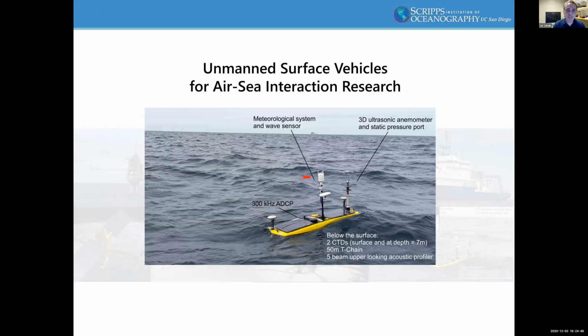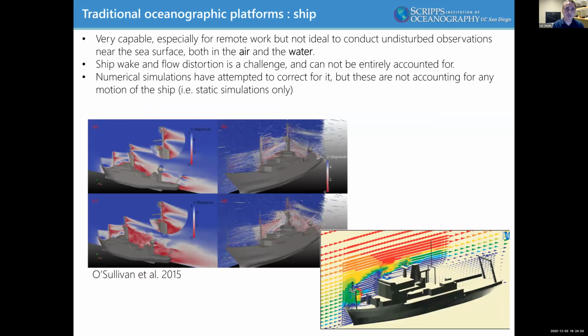So before I get into the platform here, again, I want to do a bit of background. Why do we bother with unmanned surface vehicles when you can just use a ship? Ships are very capable, especially for remote work, but they are really not ideal if you want to do air-sea interaction observation correctly.